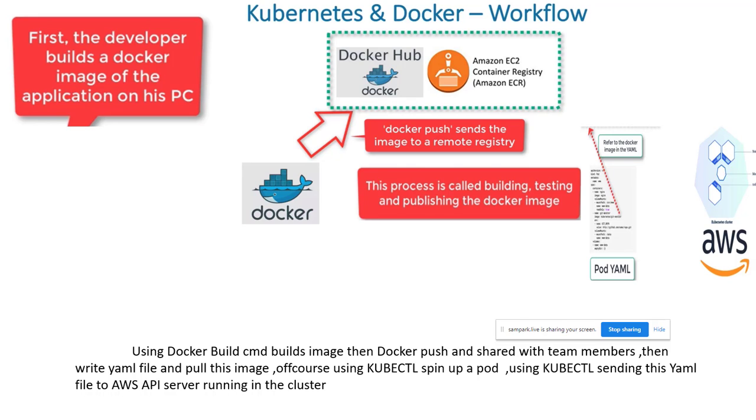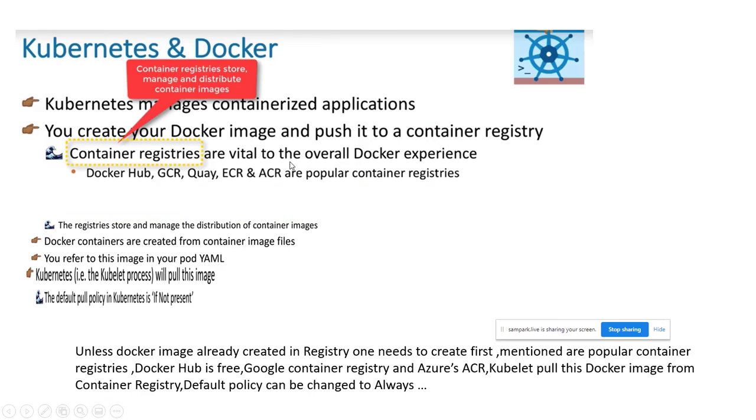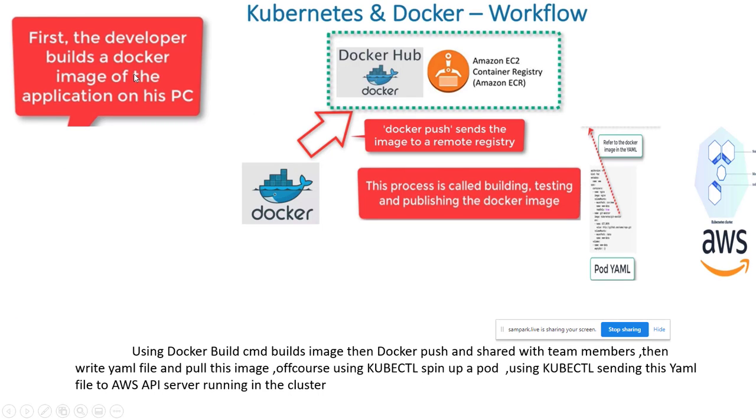Now, the next step would be to write a YAML file, which we wrote here. This is the Docker image we are pushing, which we are referencing here. So the flow is like this: you build your application, you build your Docker image.